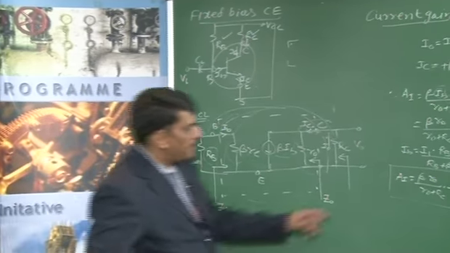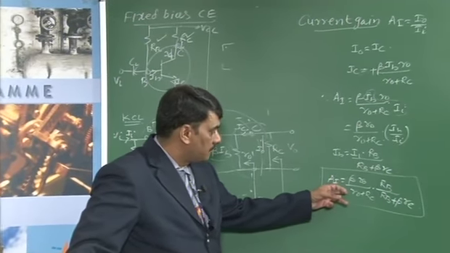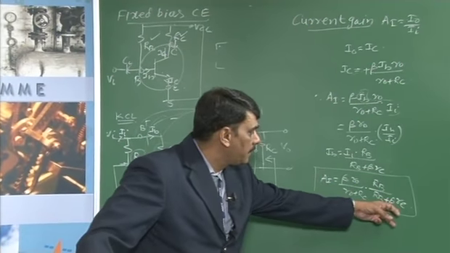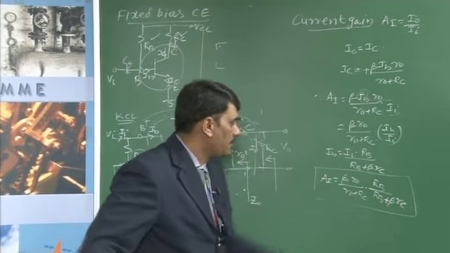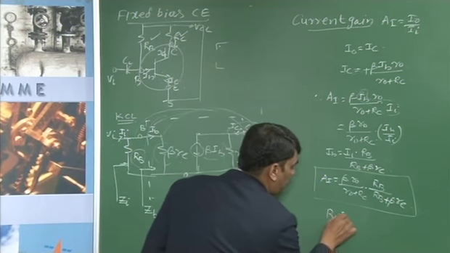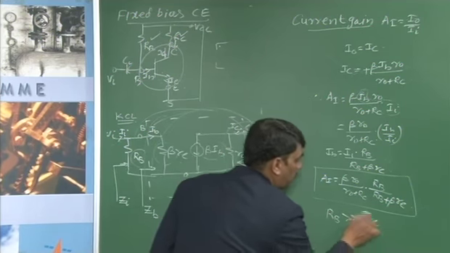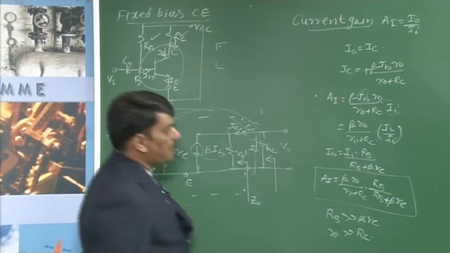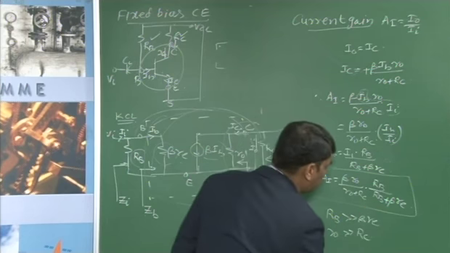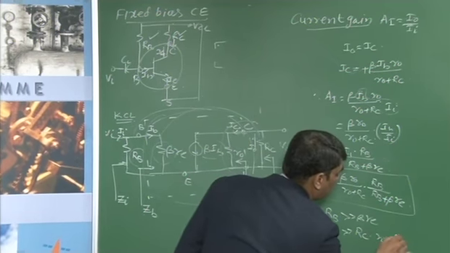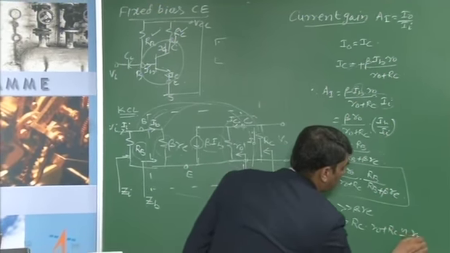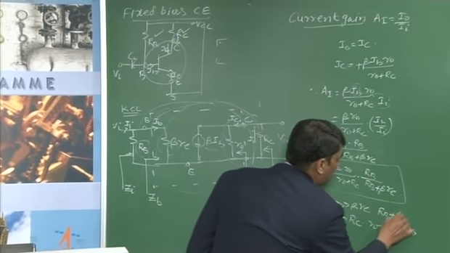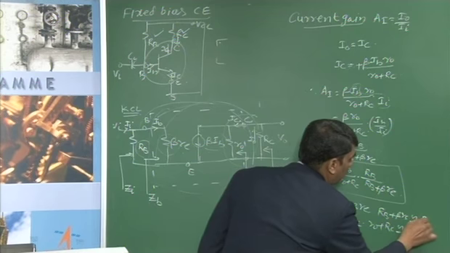If you want the approximate value, then if RB is much greater than beta times RE, and R0 is much greater than RC, then R0 plus RC is approximately equal to R0, and RB plus beta times RE is approximately equal to RB.